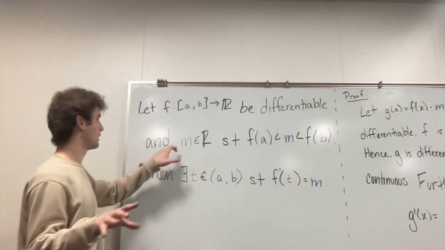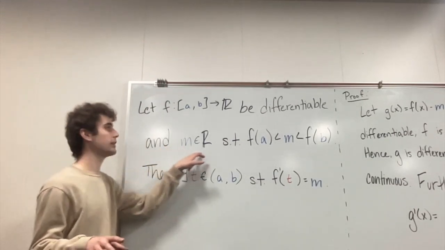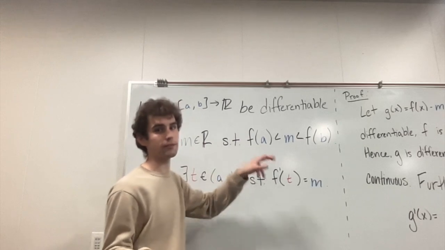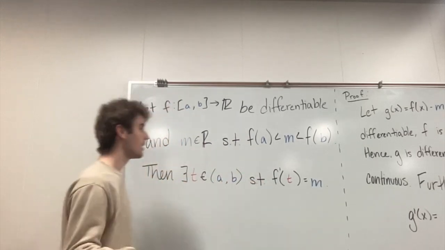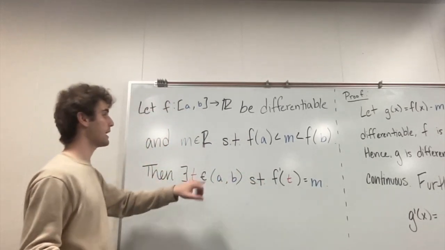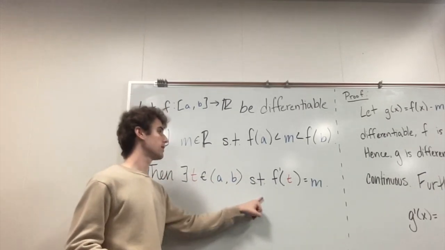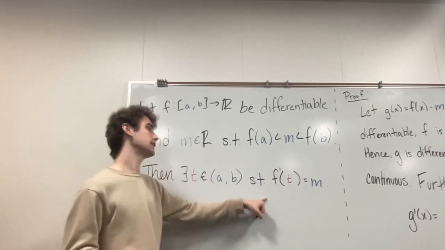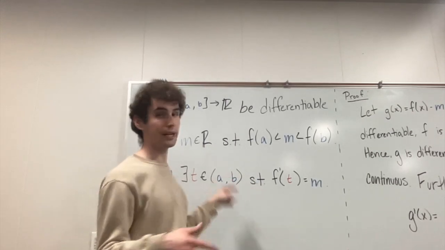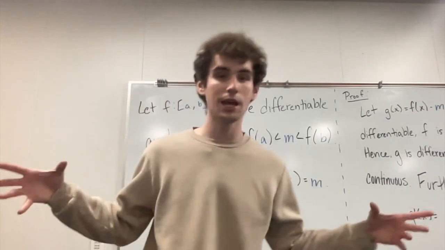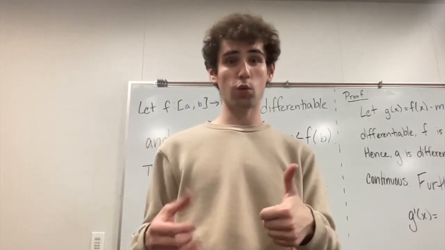And for all m in the real numbers such that m is between f prime of a and f prime of b, then there exists a t between a and b, but not a or b, such that f prime of t, the derivative of f at t, is m. We're going to prove that today. So let's get right into it.